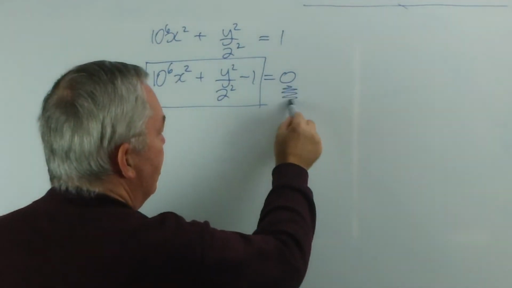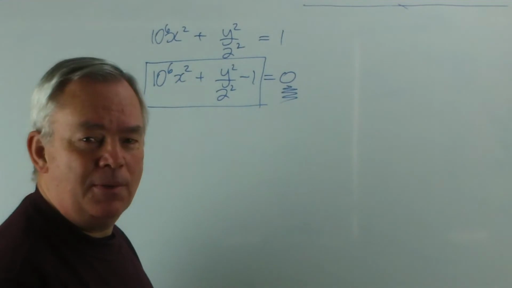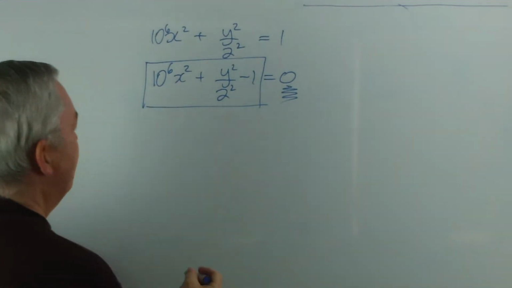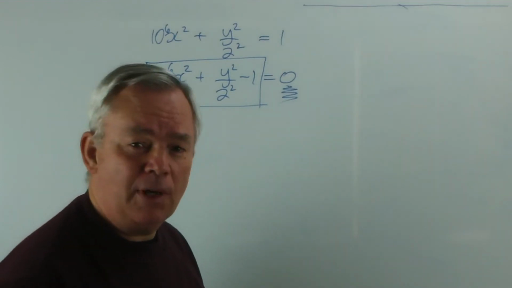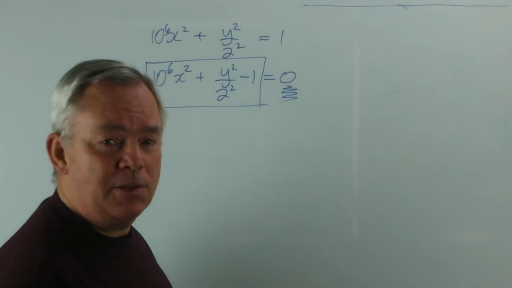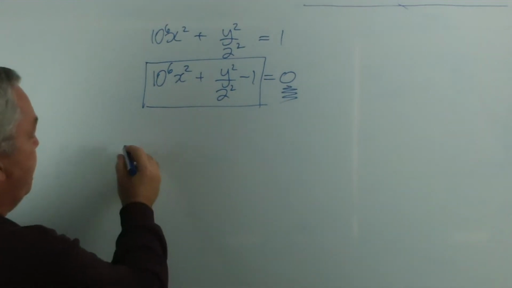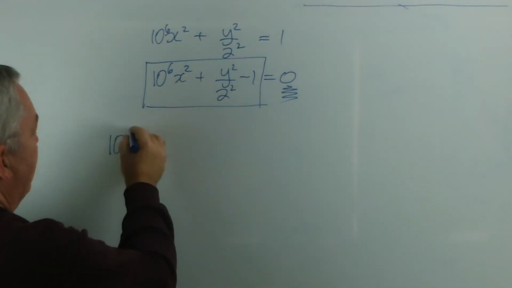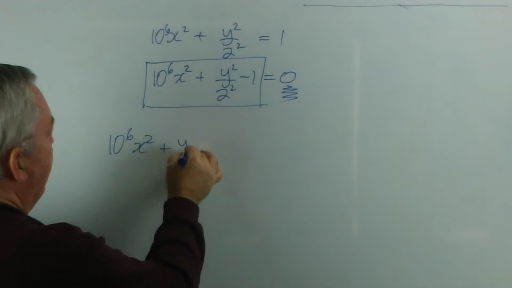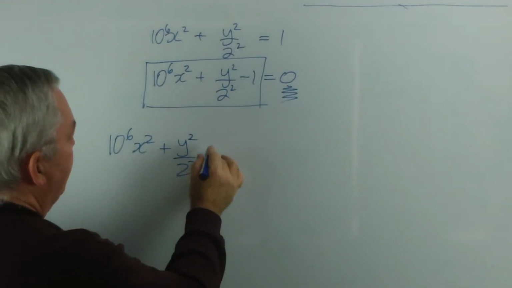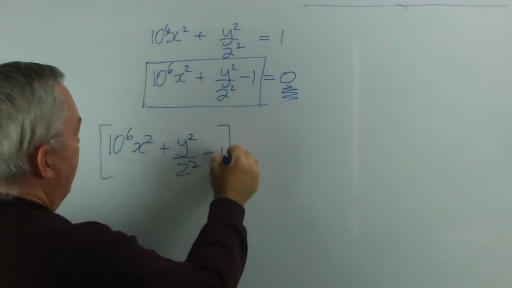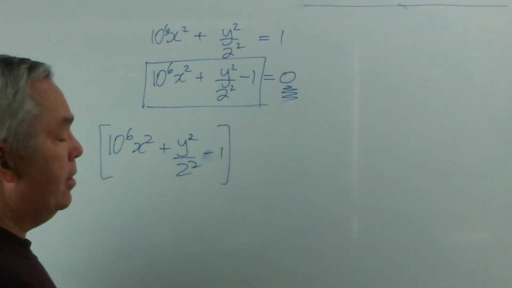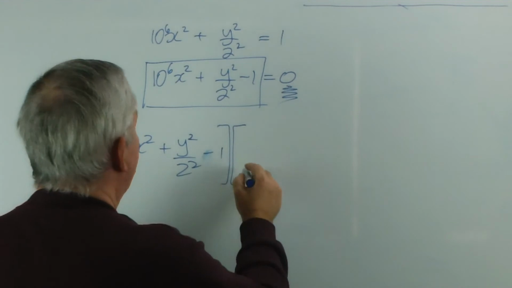Now, mathematicians love zero when it comes to constructing equations. That's why, I think for the last 4 or 5 videos, I've been talking about zeros. I'm going to write it out again. Sorry, -1. That's that equation. Let's construct another one.